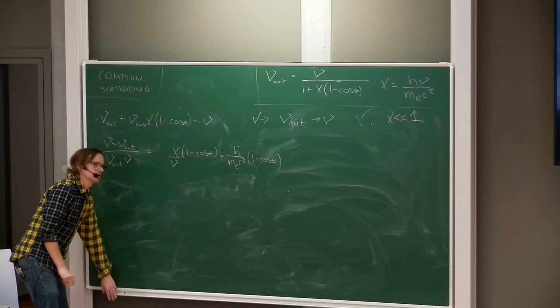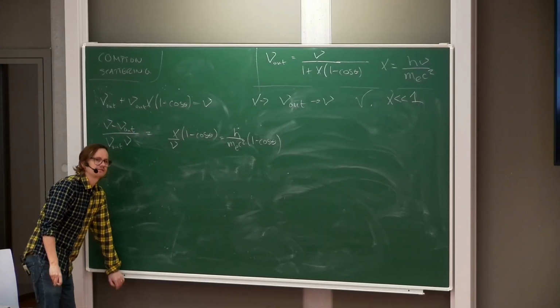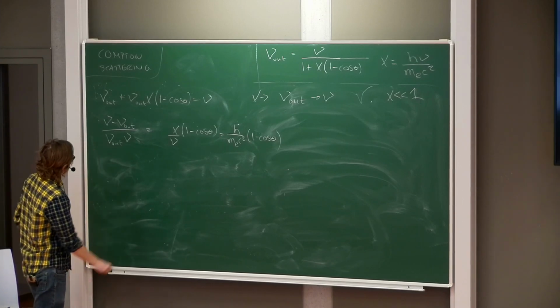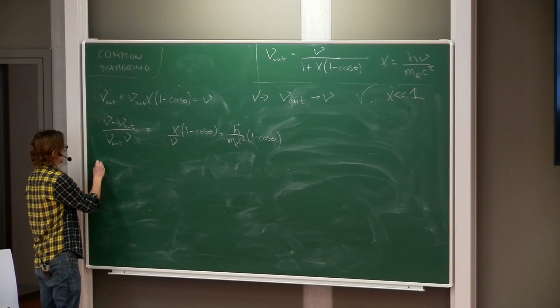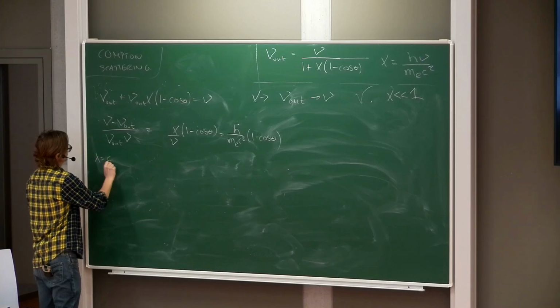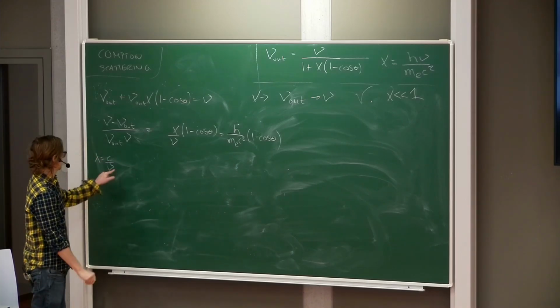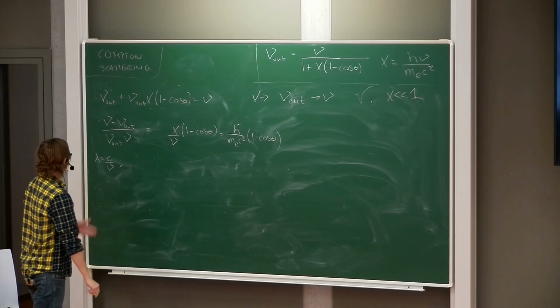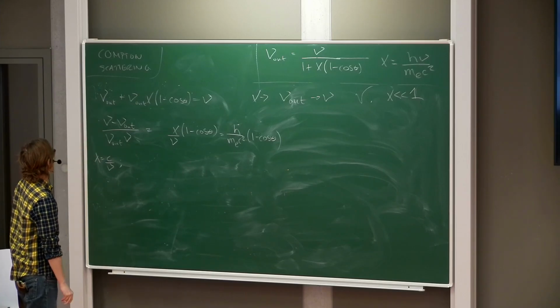But then you can look at this left-hand side and realize, all right, we have our standard relation, lambda equals c divided by nu.